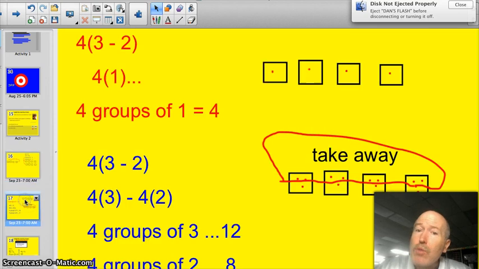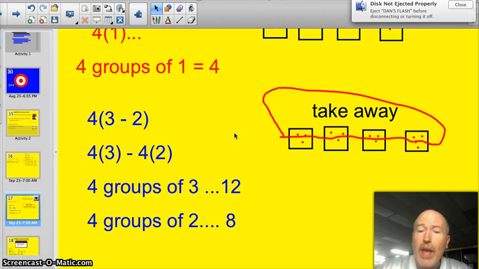It works that way for subtraction too. Look at a similar problem here. We have 4 times 3 minus 2. Well, I can simplify that, do the parentheses first, and say that's 4 times 1, correct? 4 groups of 1 equal 4. Here are my 4 groups of 1. But I could also distribute that out. Here's 4 groups of 3 minus 4 groups of 2.